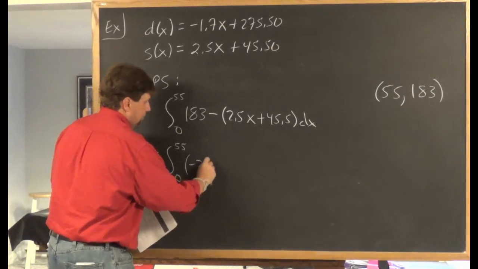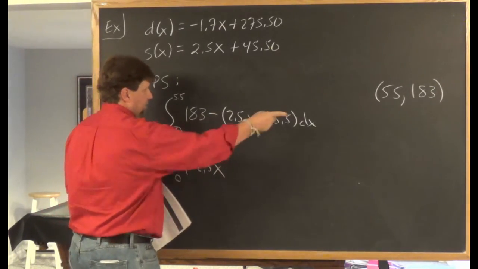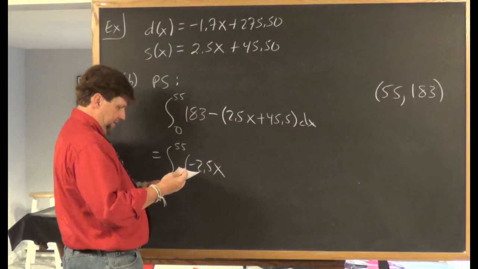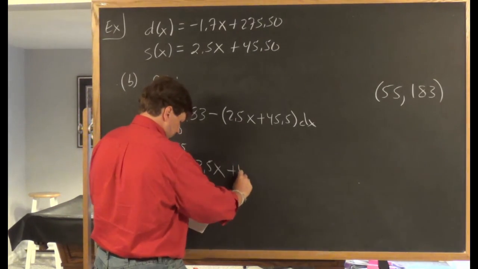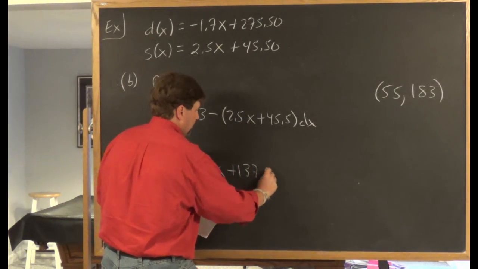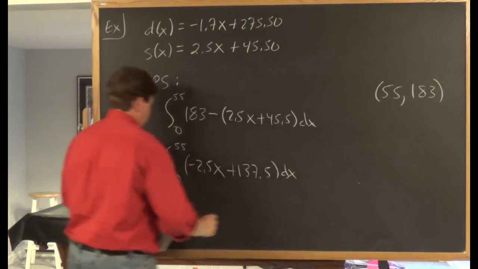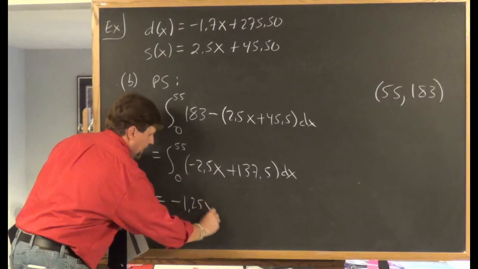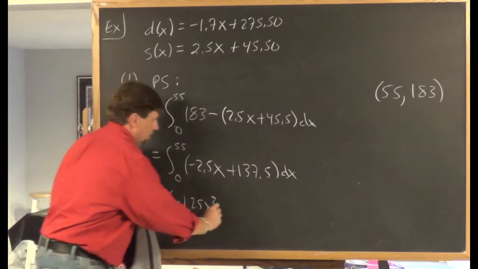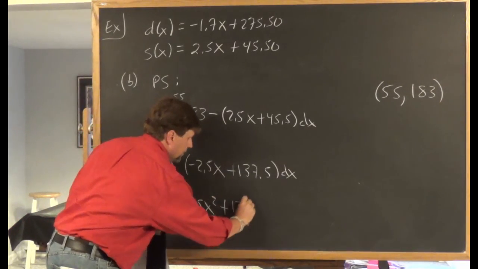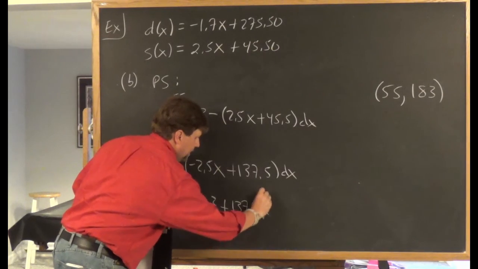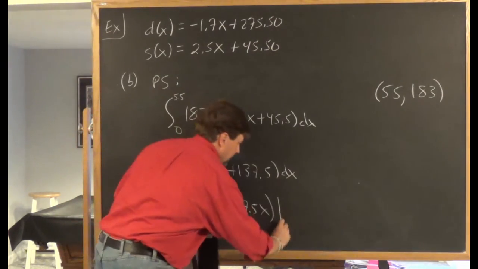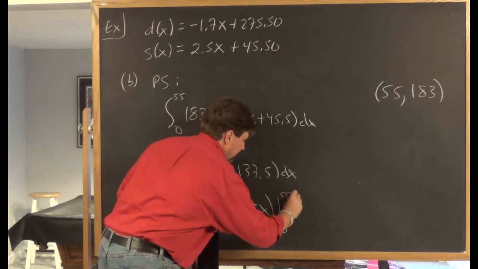So I have a negative 2.5x, and 183 minus 45.5 leaves me with 137.5. Get my antiderivative, negative 1.25x squared plus 137.5x. Evaluate that from 0 to 55.